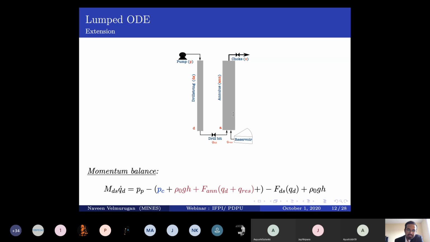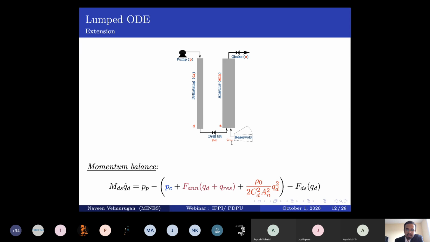That is also going to act towards the bottom of your wellbore. That's going to increase your bottom hole circulating pressure. And this frictional function is dependent on the fluid flow from the drill string and also the reservoir, right? And then you experience a pressure loss.